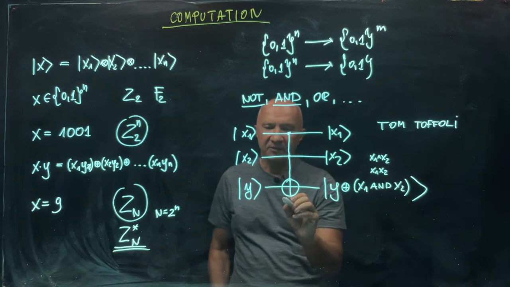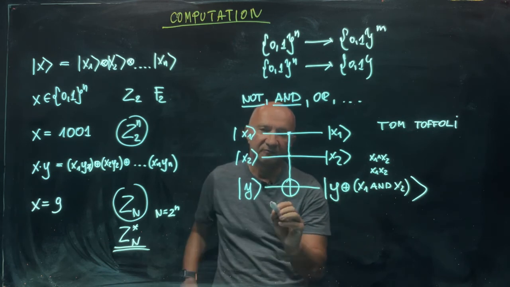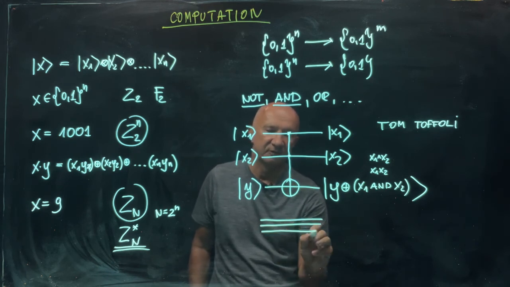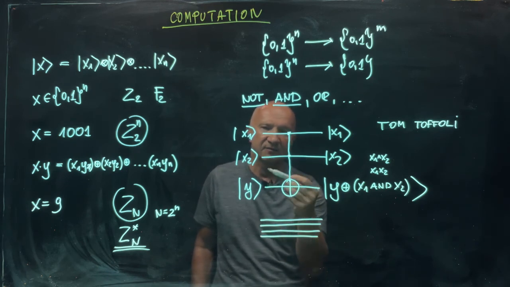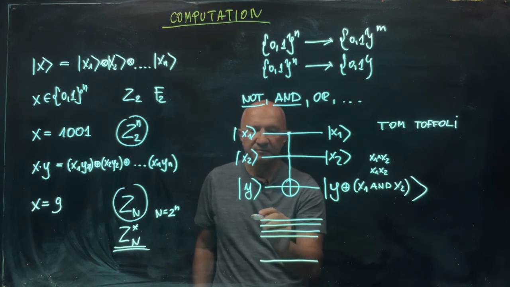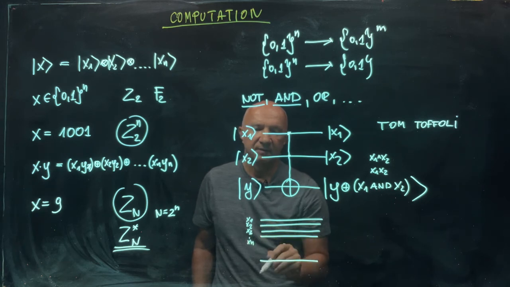So the construction of quantum function evaluation will be pretty much identical to what we have for the AND gate. We will have our input register where we'll store the values x1, x2, x3 all the way to xn.